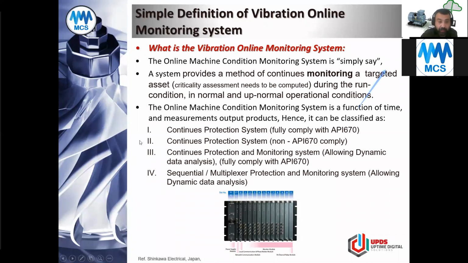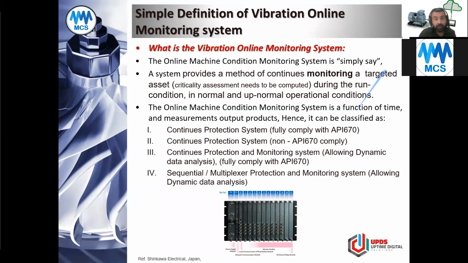But unfortunately, in most common project FEEDs, as I shared earlier from my experience, the vendor or the OEM will go directly to the continuous protection system. They will ignore the monitoring system because they think it is an over cost for the project. But for us as analysts, you cannot see the event before the failure happened, because the protection system just stops the failure after it opens the door, or just as it opens the door.